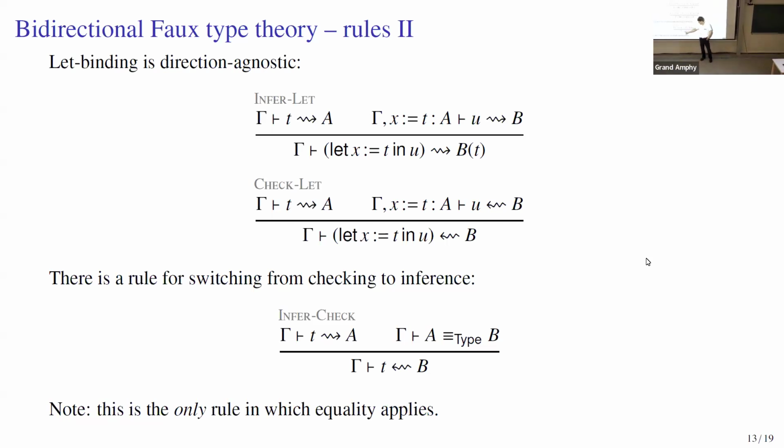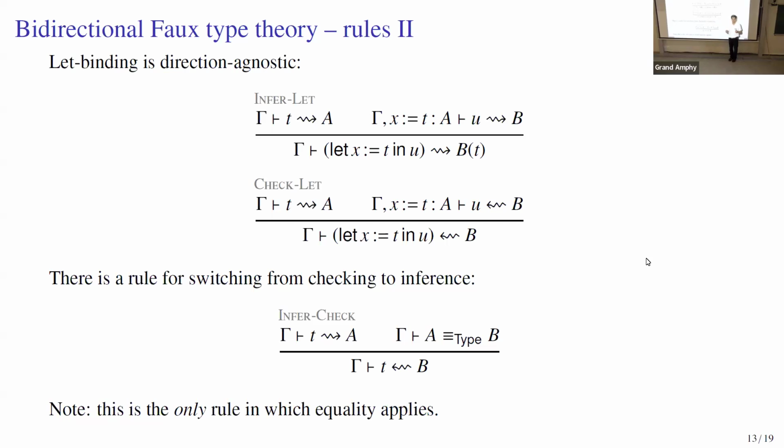Somebody wants us to check that T has type P, but T is an inferring term. That is to say, you see, oh, I want to use an inferring rule here. In that case, you say, okay, I infer the type of T, and I'm going to get some A, and then I will check that the types are equal, and then it's okay.